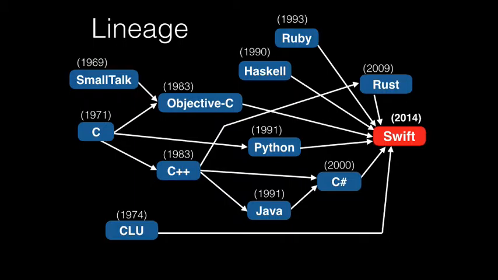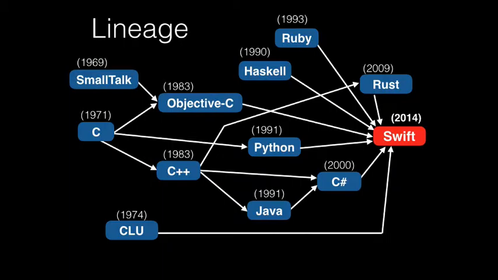So let's talk about Swift history and roots. This is a chart that I extracted from the internet, so you know that it's got to be accurate, right? Swift is heavily influenced by Objective-C, and this shows some of the other influences. There's probably a lot of stuff that's missing. I just showed direct influences.